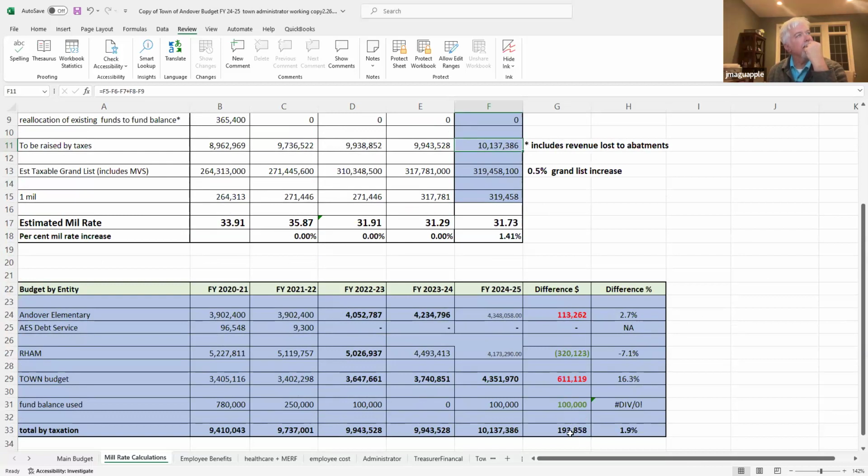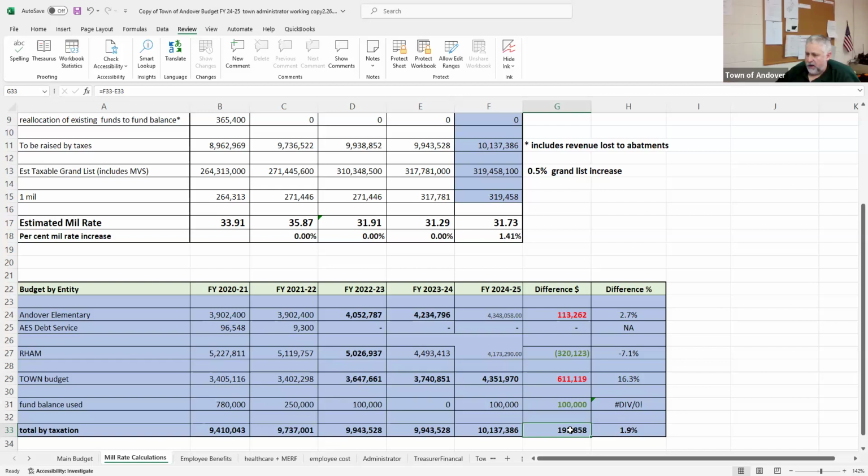So you have an increase in the AES budget of 113,000, a decrease in the RAM budget of 320,000, an increase in the town budget of 611,000, and a fund balance of 100,000 that we're going to use. How do you get 193?